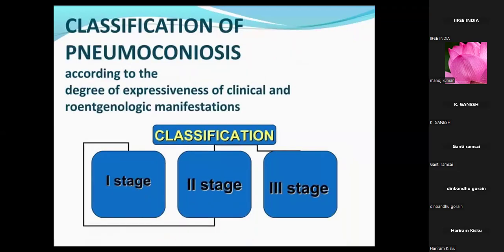Then, according to the degree of expressiveness of clinical and roentgenologic manifestations, or depending upon the pathological investigation, the classification of pneumoconiosis is under 3 stages: stage 1, stage 2, and stage 3. Pneumoconiosis.